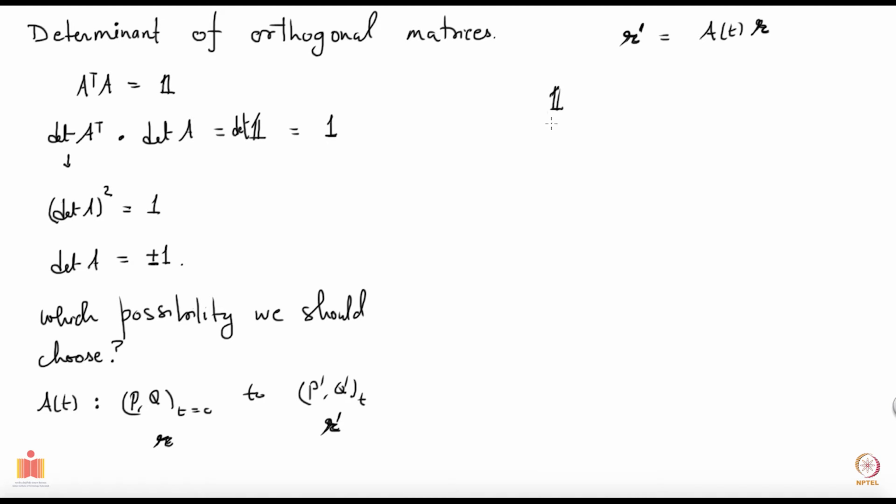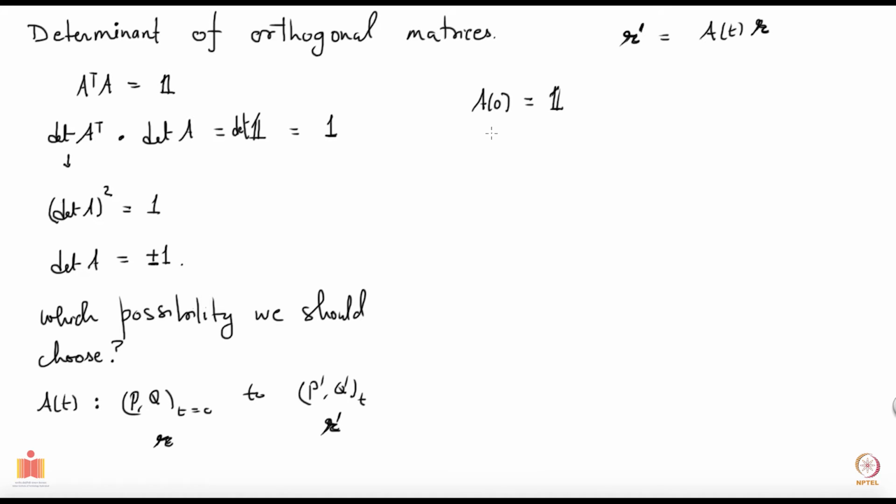At time t equal to 0, R prime is the same as R. Nothing has changed, which means that matrix A at time t equal to 0 is the identity matrix, right? Because only in that case R prime will be R. No transformation has been done. So this is at time t equal to 0.